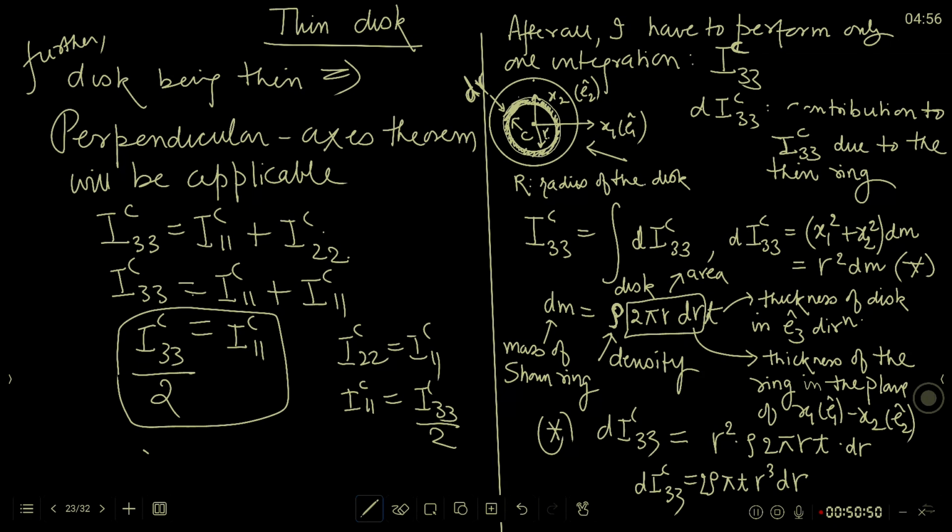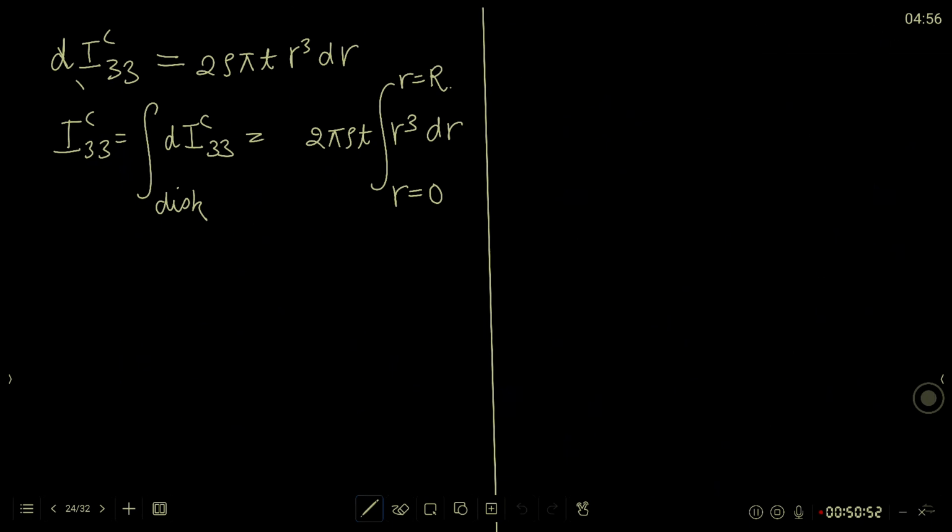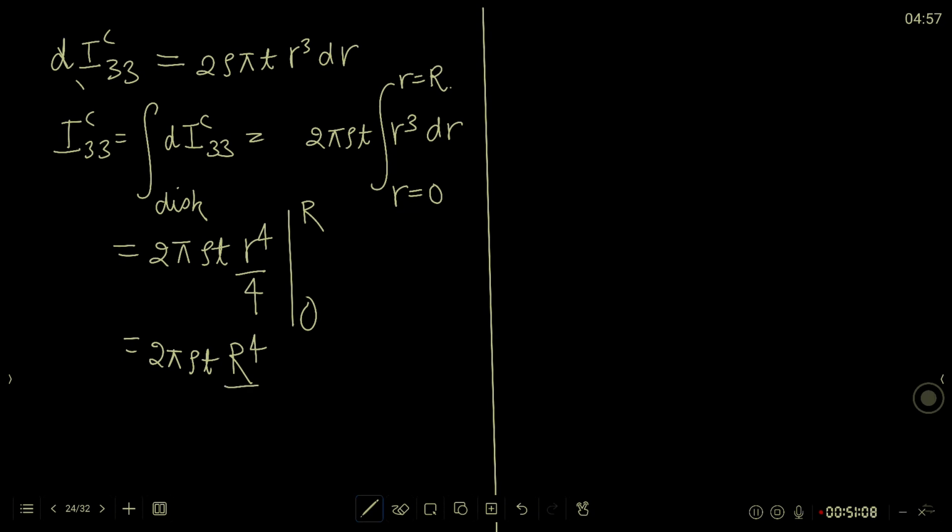It becomes 2 pi rho T times R to the fourth by 4. But then I realized that pi R square T times rho must be the mass of the disk, right? Pi R square is the full area of the disk, T is the thickness, rho is the density, you get total mass.